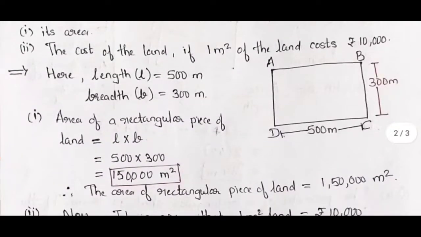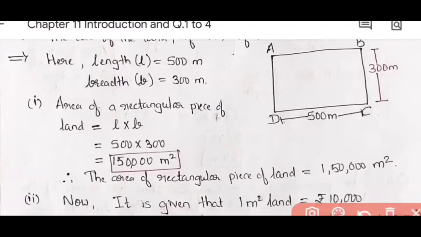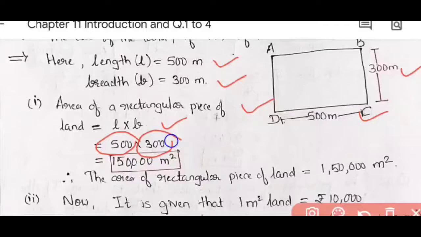So we will take this formula and place it here. I will write like this. Here length is given as 500 meter and breadth is 300 meter. Therefore area of rectangular piece of land is equal to length into breadth. Now in place of L I will write 500 multiplied by 300.